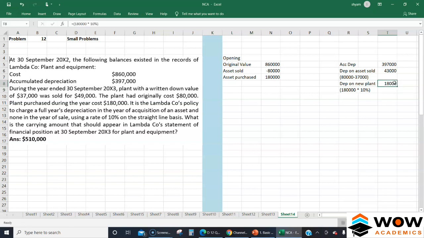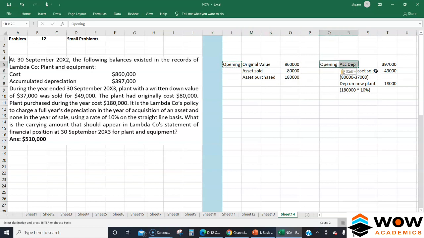So this depreciation has to be removed and this depreciation has to be added. This is the opening depreciation, so we'll try to get the closing.